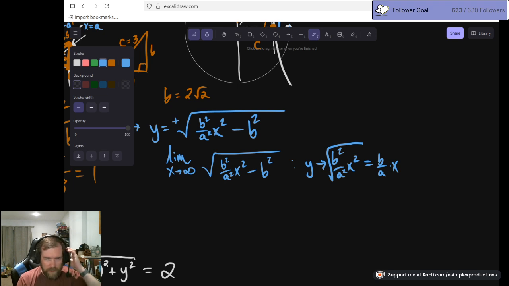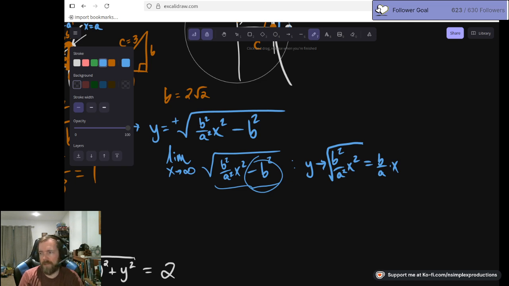So when we're dealing with limits, we're talking about what's happening to the overall structure that's going on here. So this interior portion, you notice that this minus b squared, if x is really tremendously large, then this minus b squared is going to have practically no effect at all. So we can kind of ignore the minus b squared when we're talking about values of x which are approaching infinity.